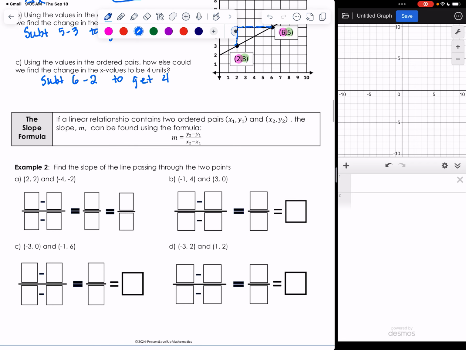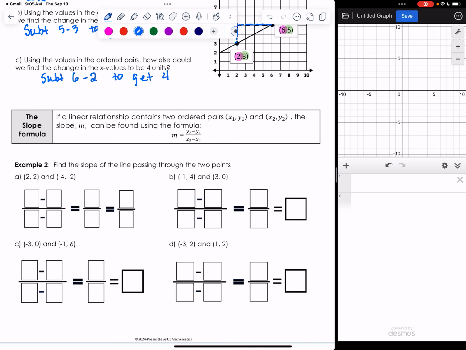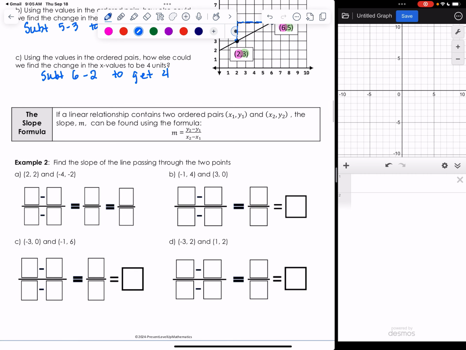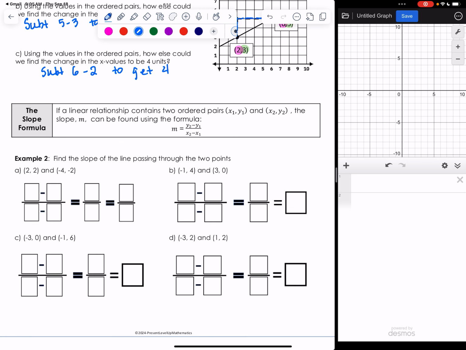If a linear relationship contains 2 ordered pairs, (x sub 1, y sub 1) and (x sub 2, y sub 2), the slope, or m, can be found using the formula m equals y sub 2 minus y sub 1 over x sub 2 minus x sub 1. Now let me highlight this formula because we're going to be using this on the problems that follow.